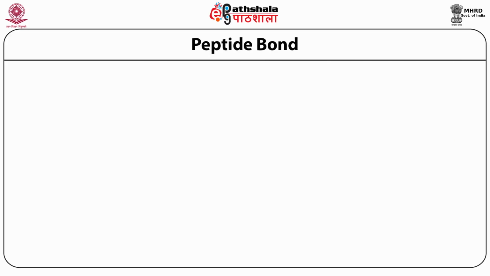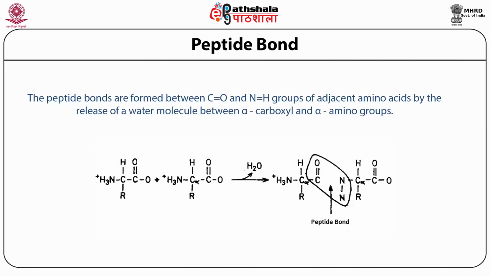Peptide bond. The peptide bonds are formed between CO and NH groups of adjacent amino acids by the release of a water molecule between alpha carboxyl and alpha amino groups.